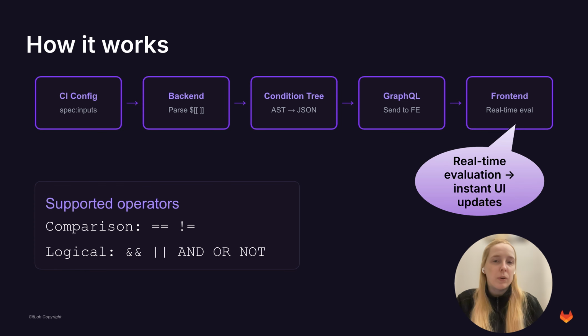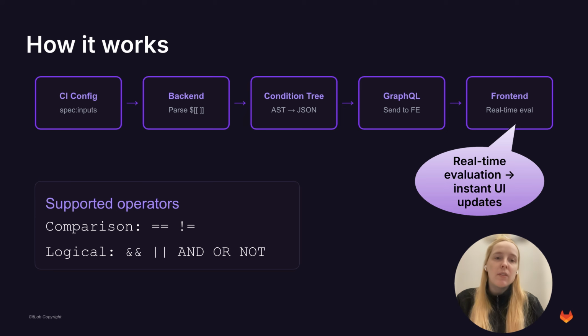So how does this work under the hood? It starts with your CI config containing the spec inputs with rules. The backend parses the double bracket expressions and converts them into a condition tree, a JSON structure that represents the logic. This condition tree is sent to the frontend via GraphQL.